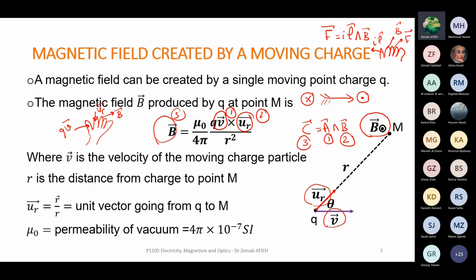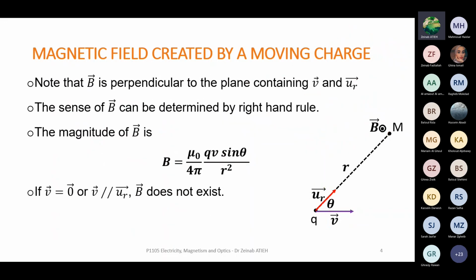So we have said that the B vector is perpendicular to a plane containing V and UR. The B vector is determined by the right-hand rule, three fingers together. The magnitude of B is given by the definition of the cross product. So we have seen that B equals mu 0 over 4 pi, QV cross UR over R squared.